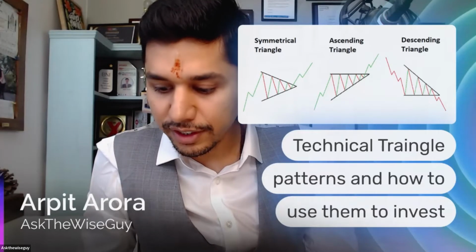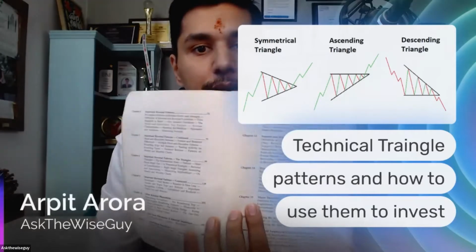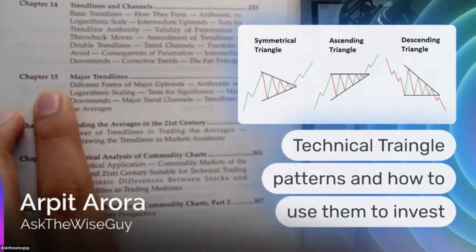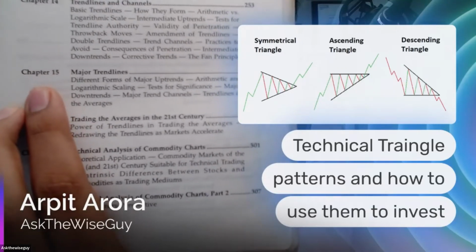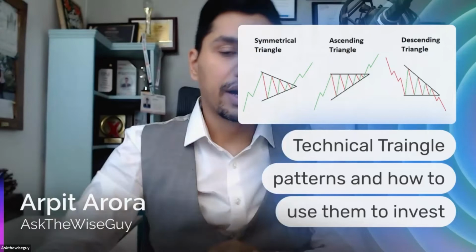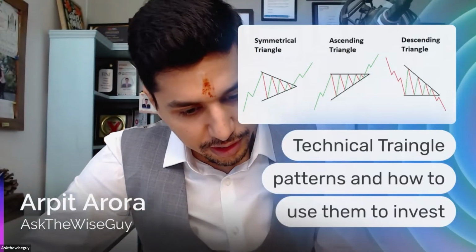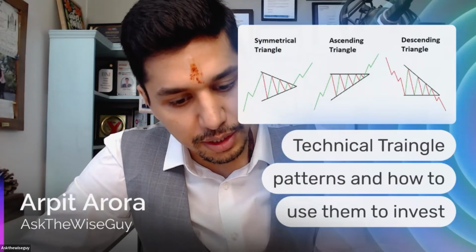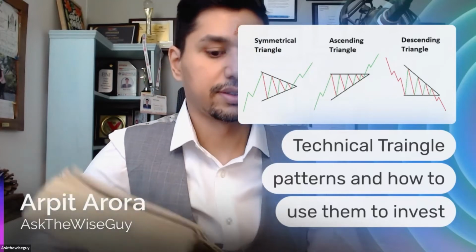One of the things that we learned today was chapter 15, major trend lines. I don't know if you can read this or not. I gave you one example of this today in the example of Hang Seng. Here they are. Reversal patterns, chapter 8, triangles.